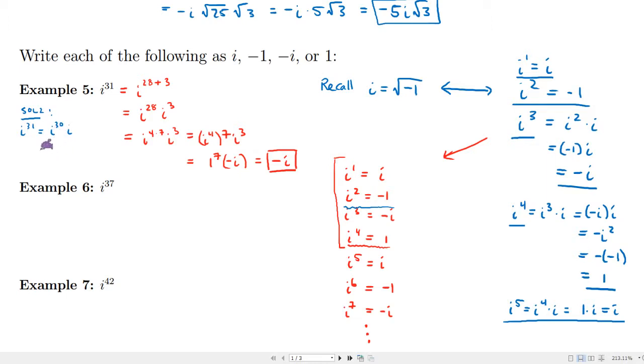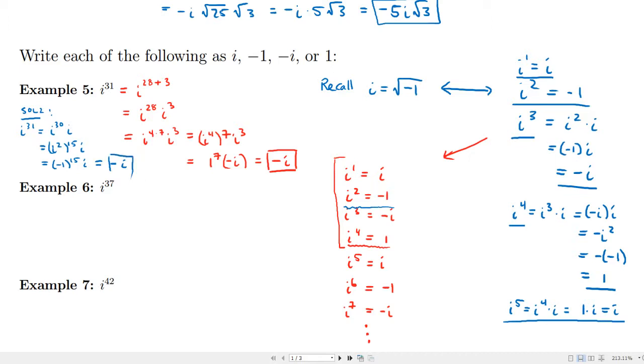But what's I to the 30? That's I squared to the 15th times I, and I squared is -1. So this would be -1 to the 15th times I, and 15 is odd. Taking -1 to a power gives either -1 or 1, right? -1 squared is 1, but -1 cubed is -1. So -1 to an odd power is negative, so I get -I.